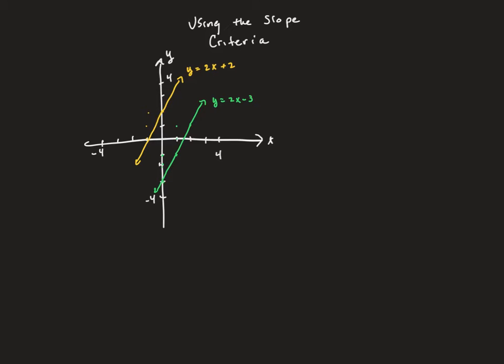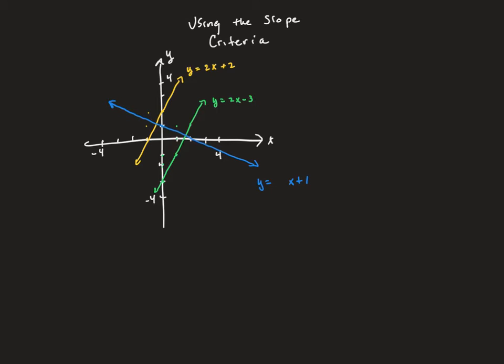Now if I were to add a third line, going from this point, my y-intercept here is at positive 1.